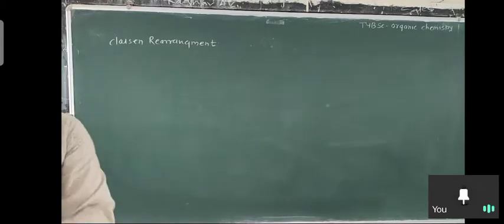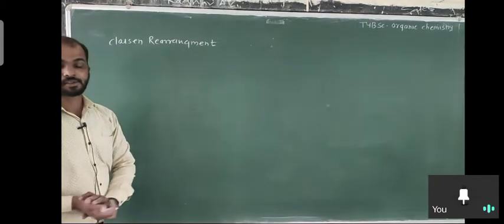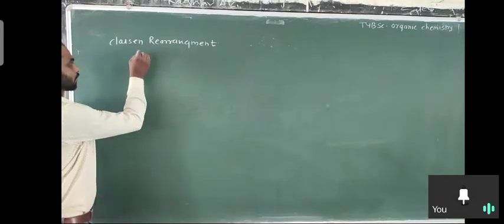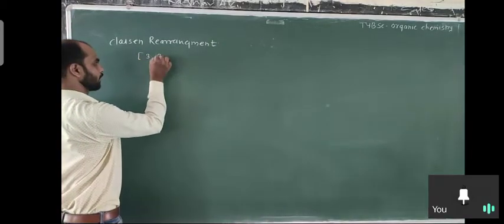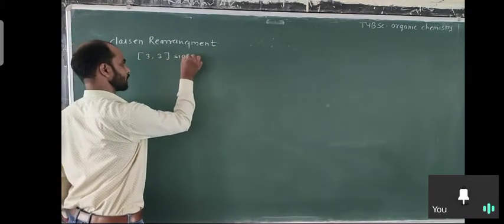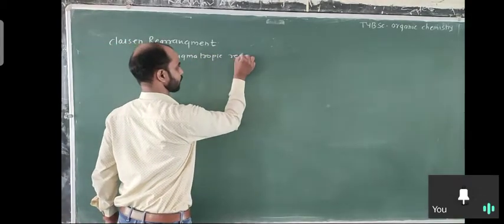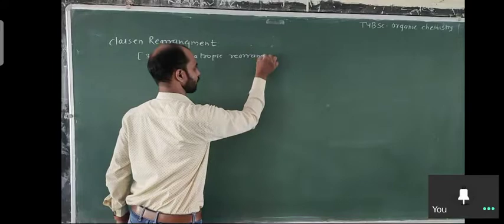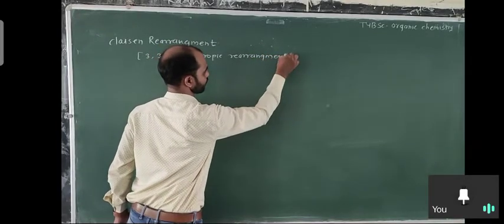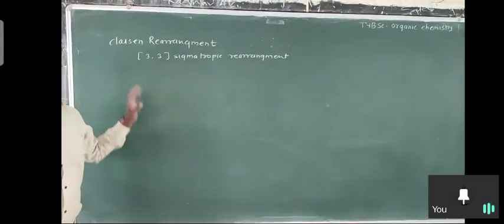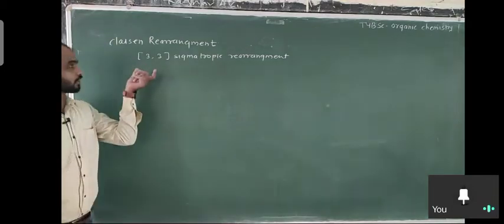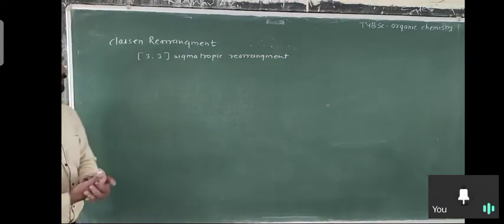Basically, it is a 3,3 sigmatropic rearrangement. Sometimes a question is asked in MCQ. Claisen rearrangement is a 3,3 sigmatropic rearrangement.